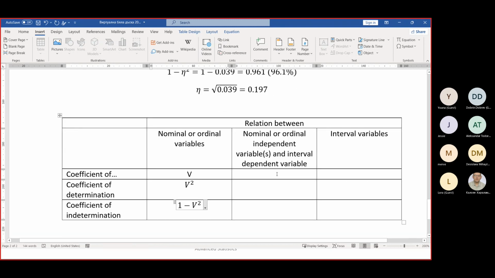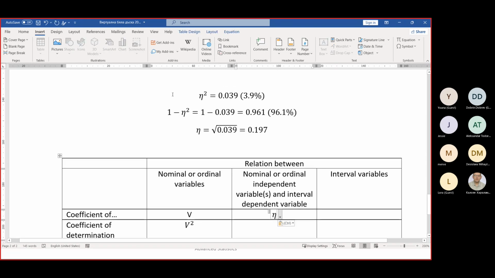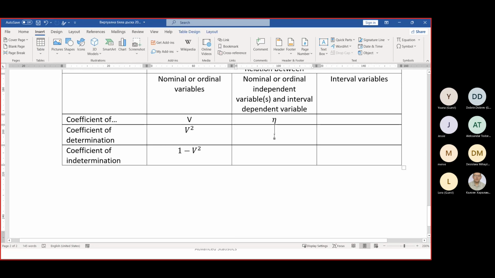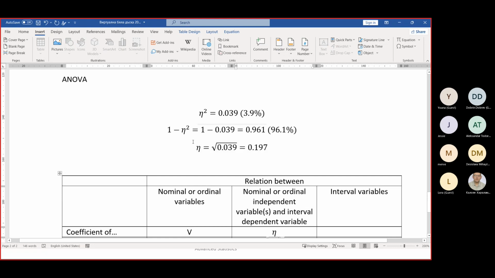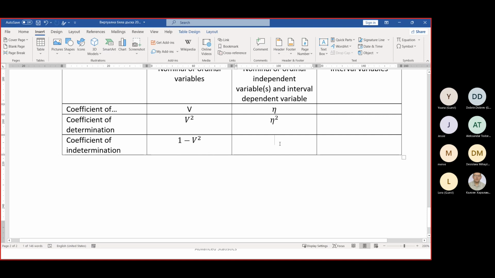And the same is here in the second column. Correlation ratio is eta. Coefficient of determination is eta squared. And coefficient of indetermination is 1 minus eta squared. The letters are different. Here we use V, here we use eta. But the interpretation is the same.